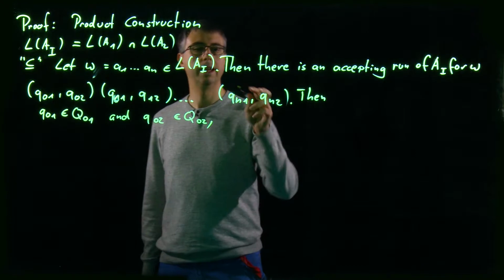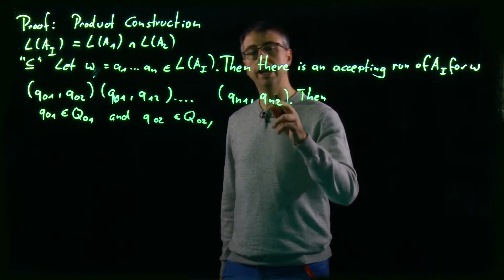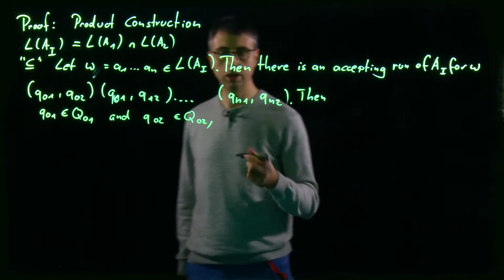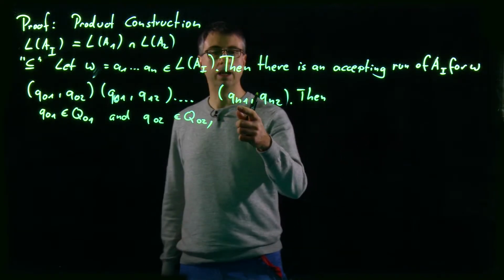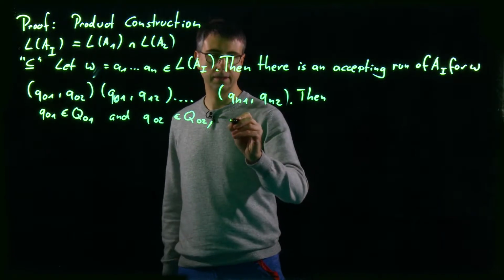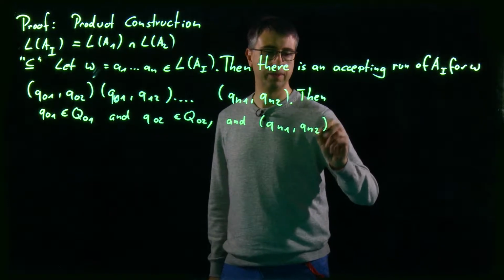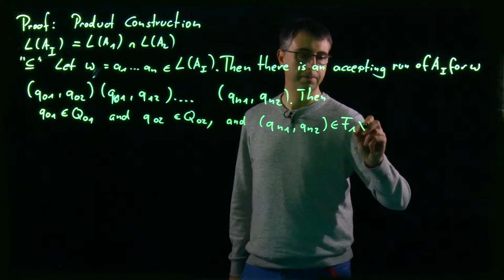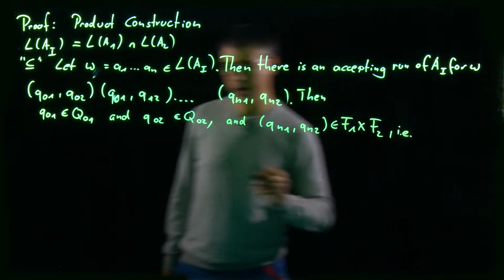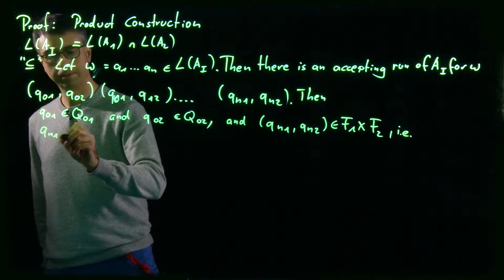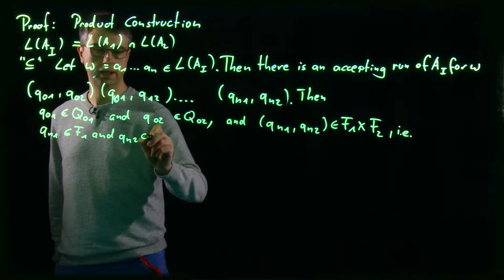And we know the run is accepting, so qn1 is an accepting state of the first automaton, and qn2 is an accepting state of the second automaton, because this state has to be in the Cartesian product of F1, F2, so (qn1, qn2) is in F1 times F2, and that is qn1 is in F1 and qn2 is in F2.